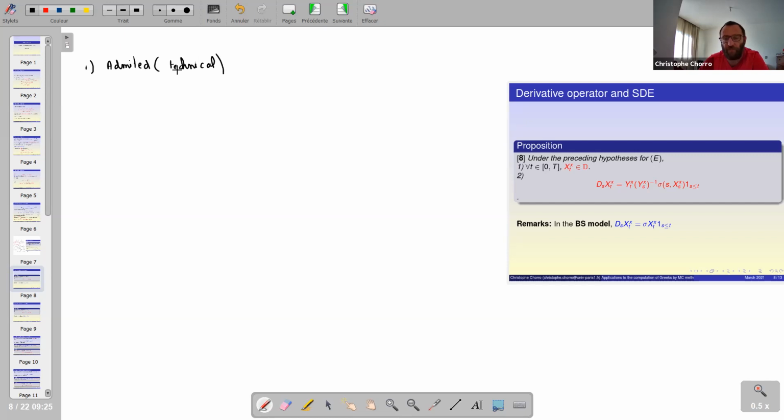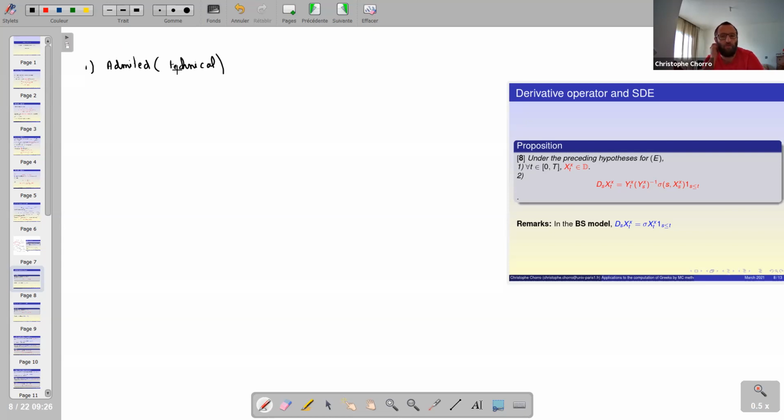But it will be the objective of one of the projects that I will give to you as an evaluation of this course. Just have a look at what I have to do in order to prove that X_t of small x belongs to D.